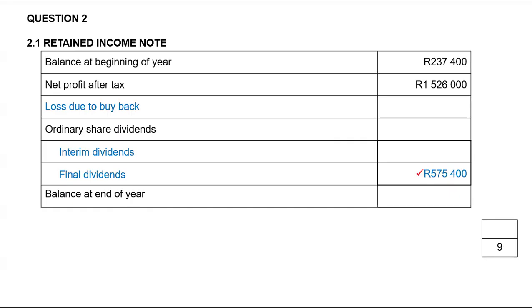The shares that were bought back were 180,000 shares. They were bought back at 11 Rand 05, and initially we received 9 Rand 85 for those shares, resulting in us making a loss of R1.20 per share.